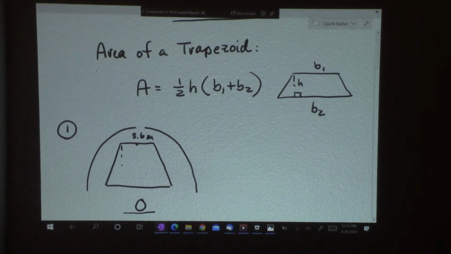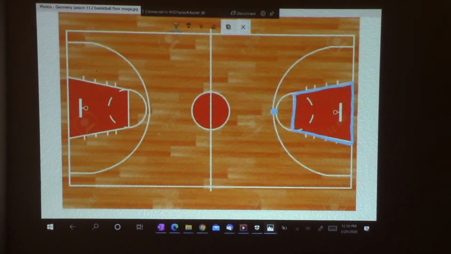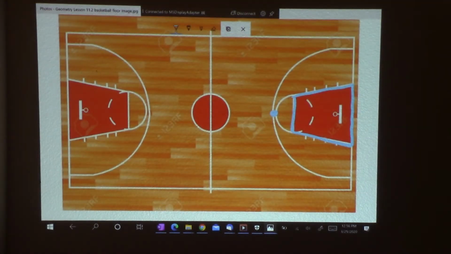And this is 5.8 meters. And this is 6 meters down here. This is our net down here. Okay, so we want to find the area of this whole thing, which was the red part of the picture.